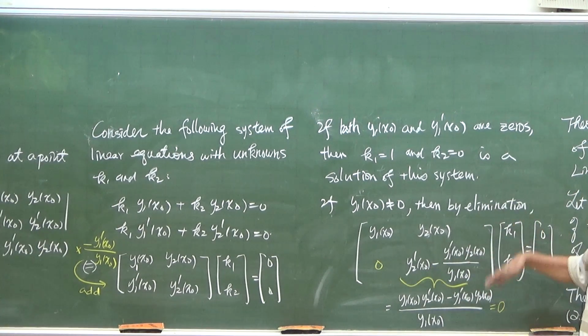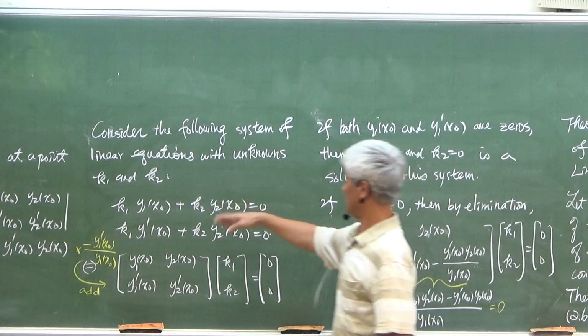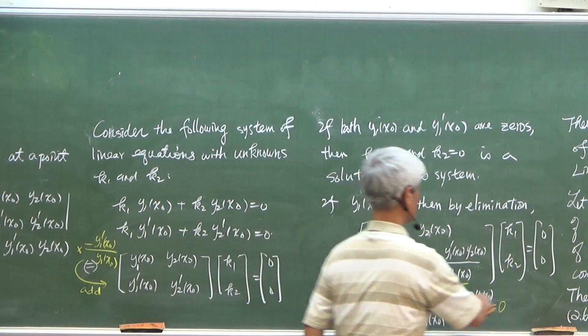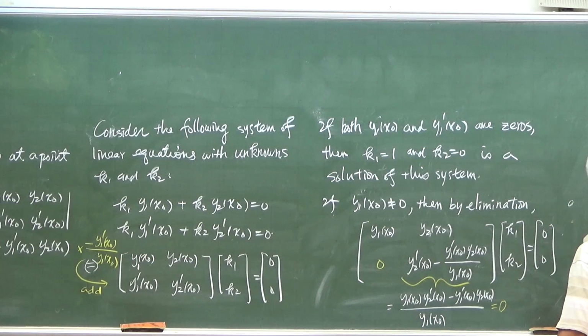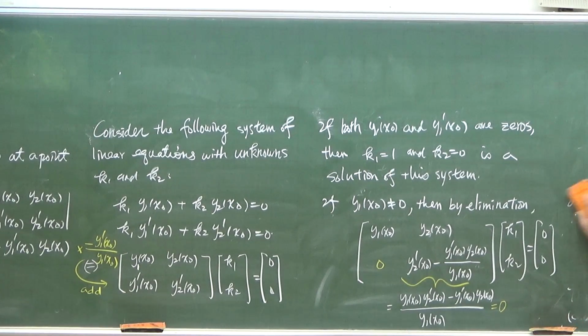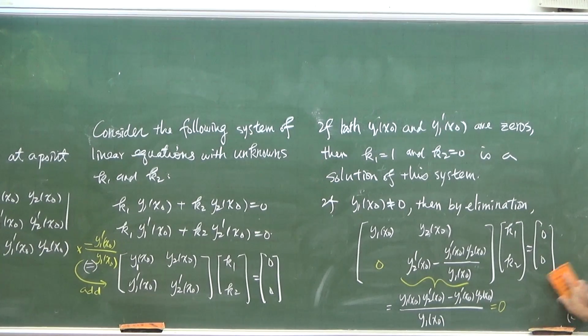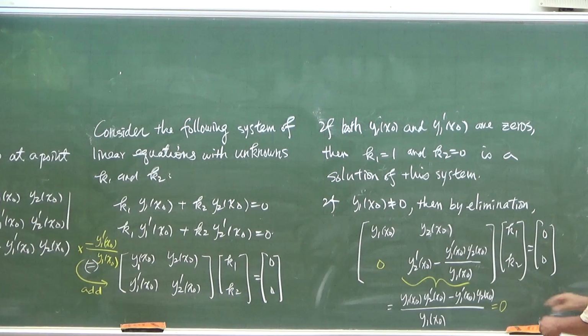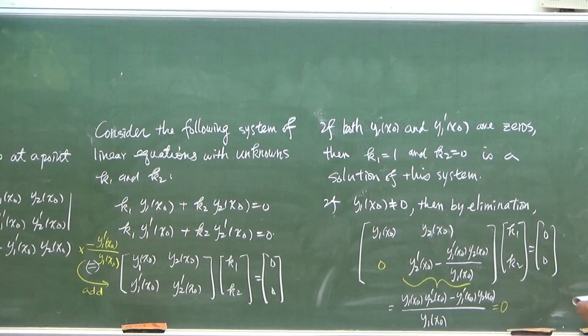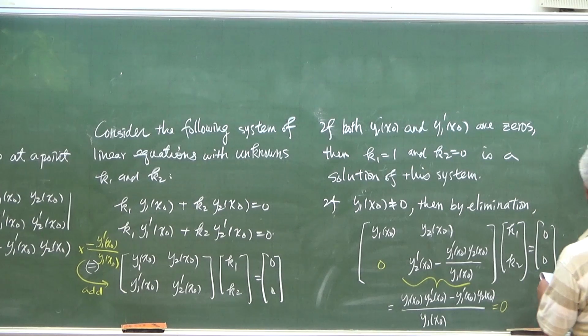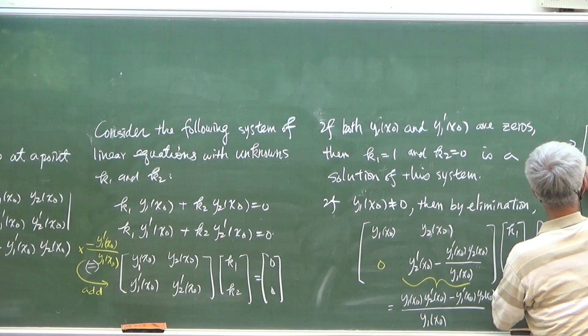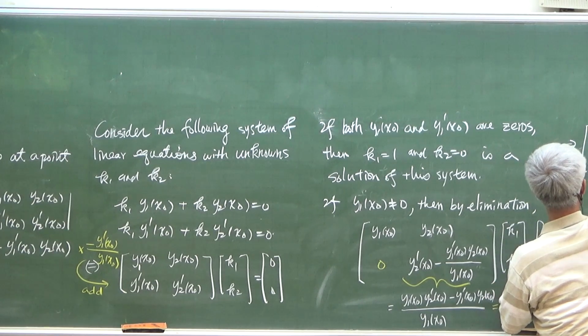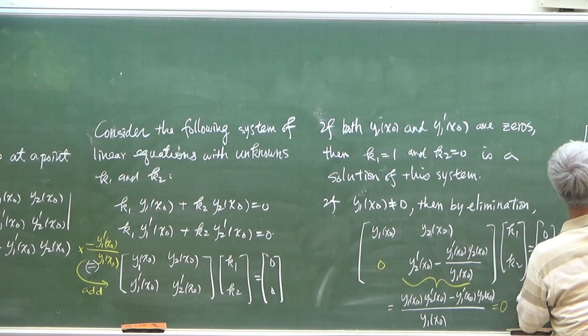So basically we cancel the second equation. Okay? So we end up with y1 x0 and y2 x0.